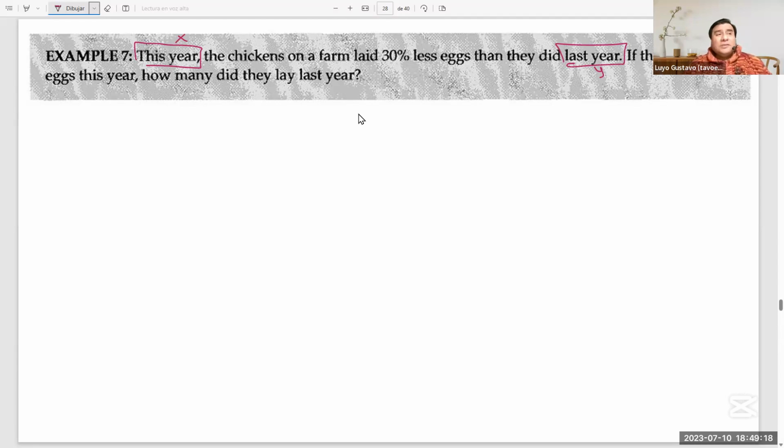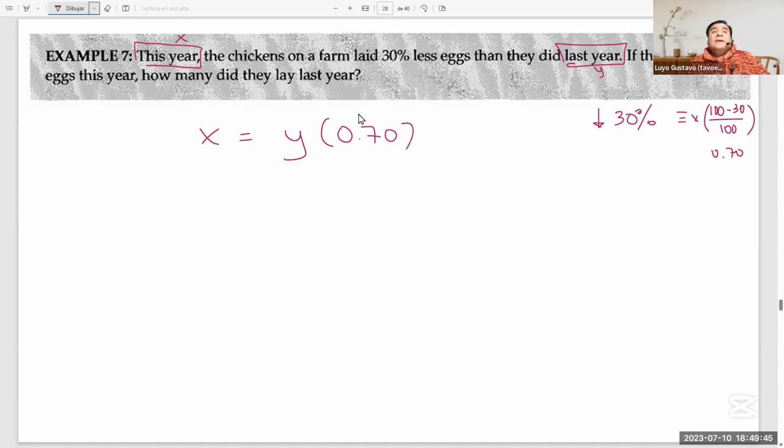In other words, x equals y, the amount of eggs last year, multiplied by 0.70. This is the factor, right? Remember, when you want to decrease something by 30%, this is equal to multiplying by 100 minus 30 over 100, which is 70 over 100 or 0.70.